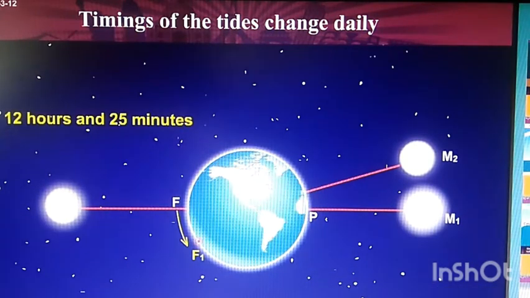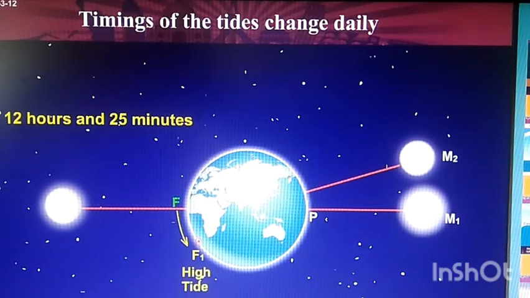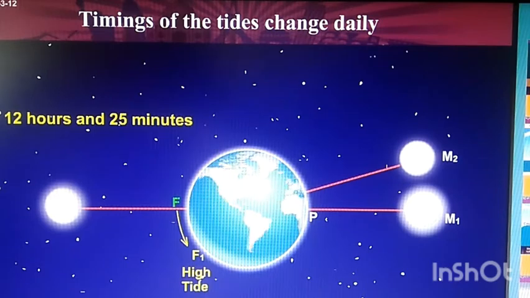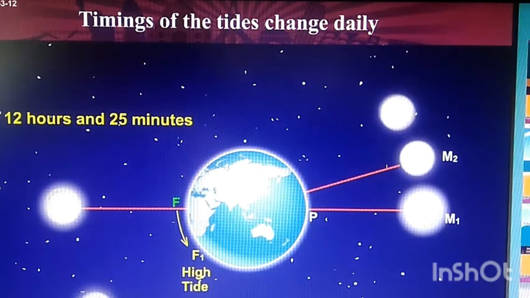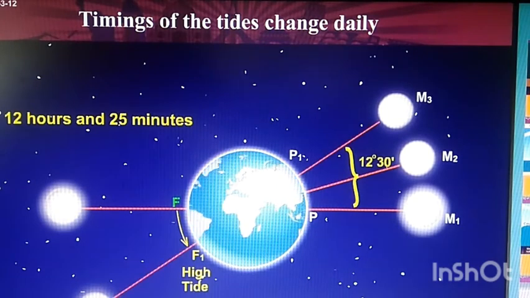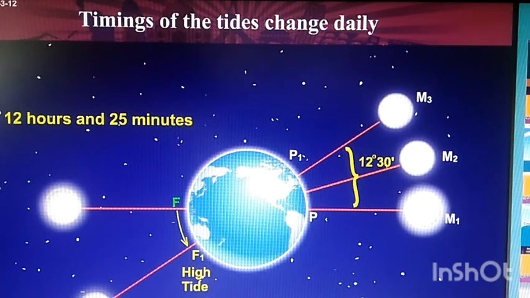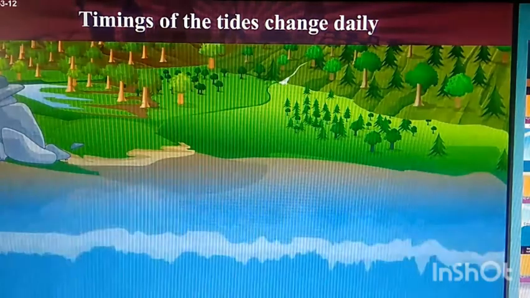After 12 hours 25 minutes, F will arrive opposite to the moon and it will experience a high tide. Later again, after 12 hours and 25 minutes, point P1 will experience high tide as it comes in front of the moon. There will be high tide at F1 too, as seen in the diagram.